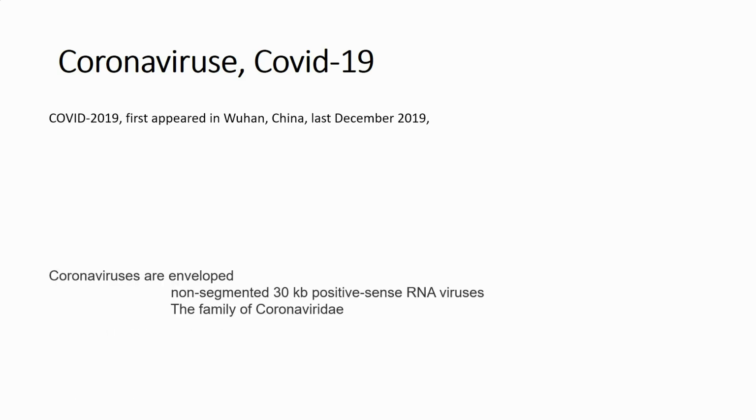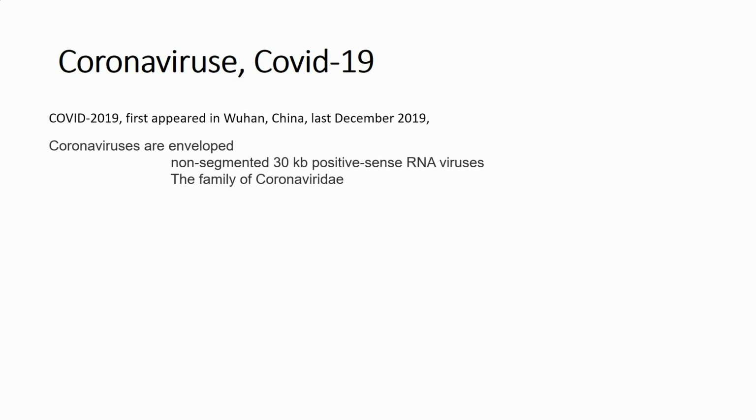Coronavirus, or COVID-19, or COVID-2019, first appeared in Wuhan, China, in December 2019. It belongs to the enveloped type of virus. It is an RNA virus with a non-segmented, 30,000 base, positive-sense RNA, and it is a member of the family Coronaviridae.